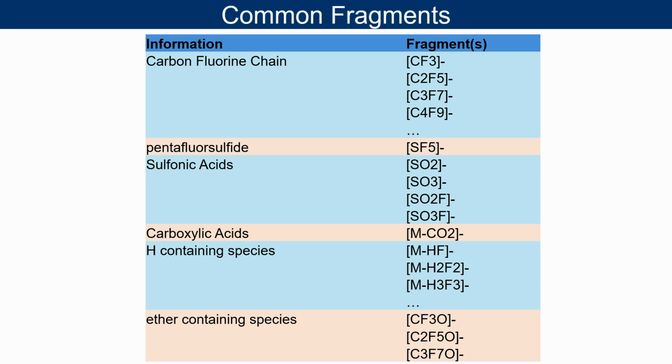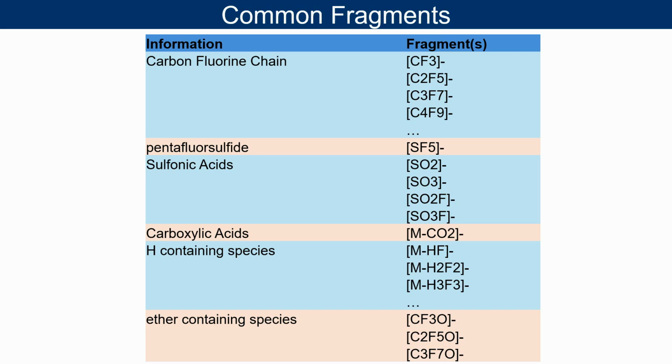Same thing, these are also neutral losses for hydrogen-containing species. So these could be H-substituted species, fluorotelomers. These are all hydrogen-containing PFAS species. You get these common neutral losses, M-HF, M-H2F2, etc., depending, of course, on the number of hydrogens. You might have ether-containing species, so this is carbon bonded to an oxygen bonded to another carbon.